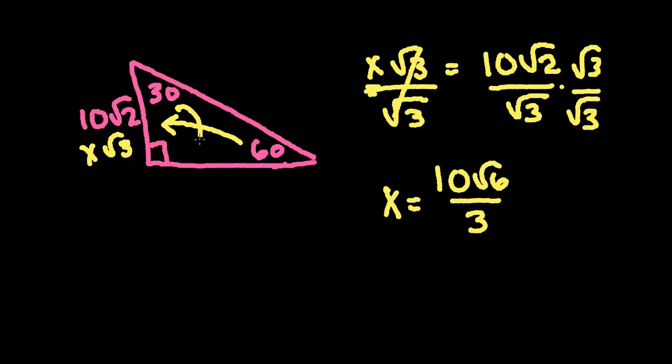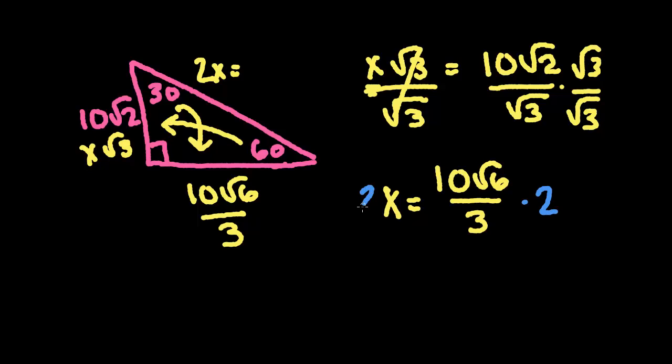So x goes opposite the 30, 10 square root 6 over 3. And now I still need 2x for that side. So I need to take this number and multiply it times 2 to get 2x. So multiply, remember this is like 2 over 1.